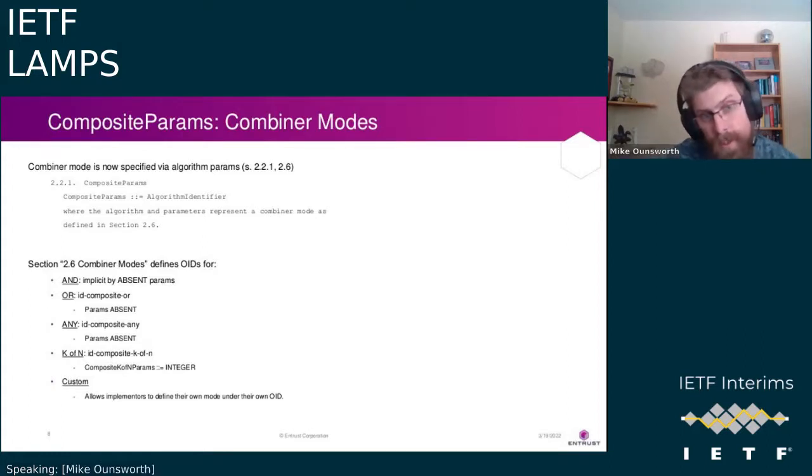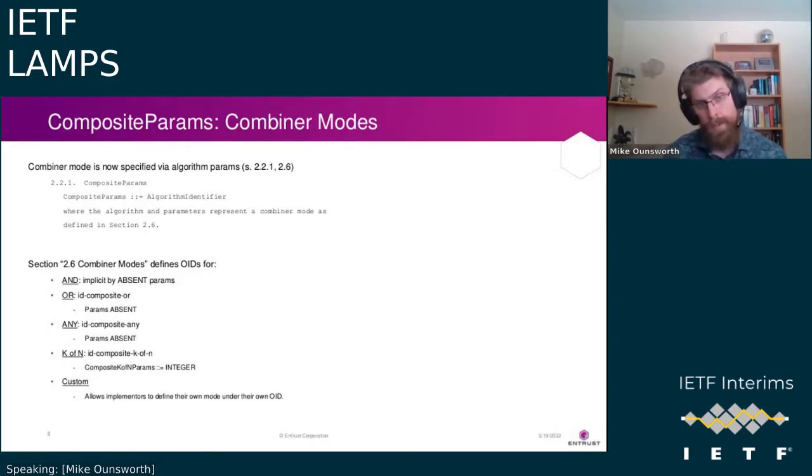So a little more detail on the combiner modes. We've chosen to specify them through an algorithm parameter. I know we've tried so hard to stay away from parameters on the top level OID, but the K of N mode needs to carry a K. You need to carry that integer, and so we need somewhere to put that. That forced us back down the path of needing a top level algorithm ID parameter.